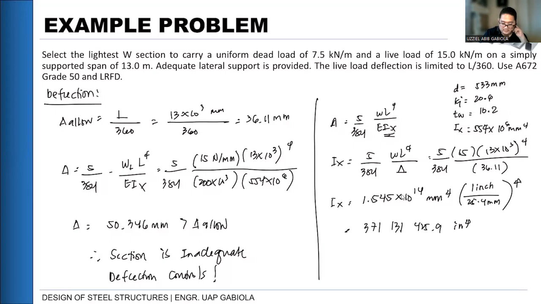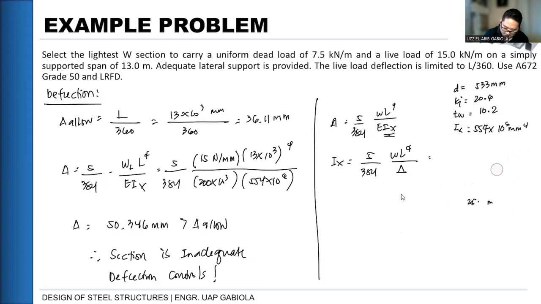Okay? So dito, may nawawala yung E natin dito. No? So before tayo mag-convert, at may E. So 5 over 384 times 15 times 13 times 10 cube, 10 to the 3 to the fourth over 200 times 10 to 3 and then 36.11.